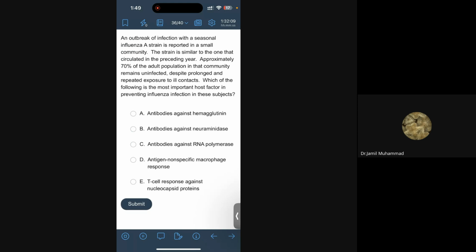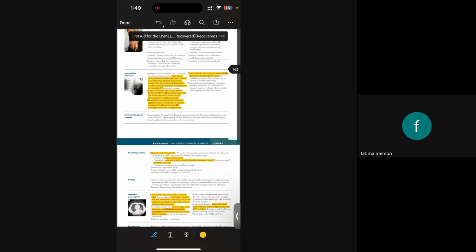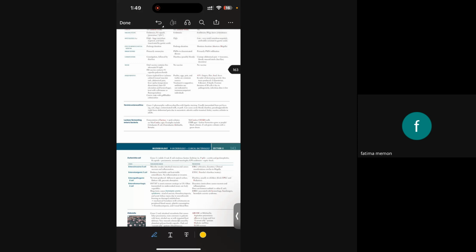Okay. So can you tell me which of these proteins is involved in the entry of the influenza virus inside the cell? There are two main proteins. One is hemagglutinin and the other is neuraminidase.